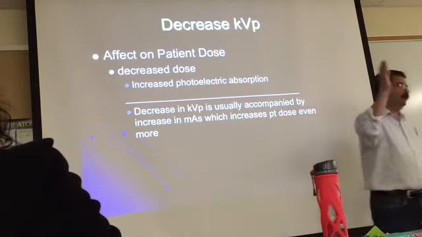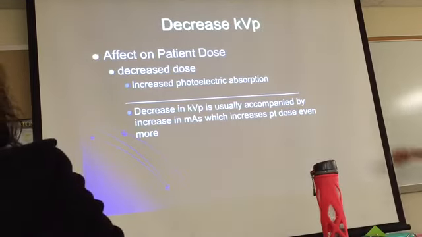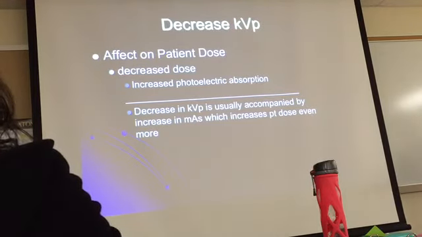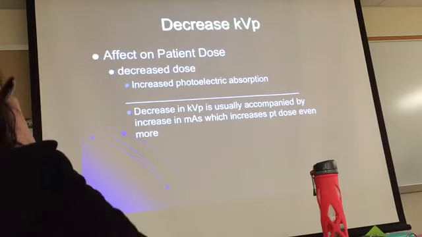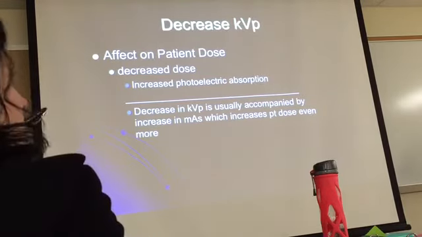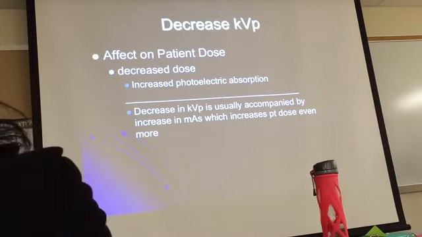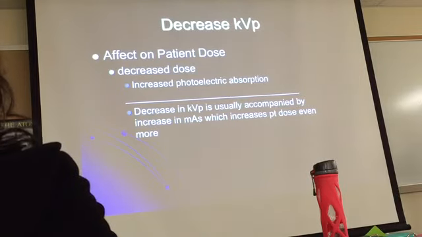If your image is lousy and doesn't have good density, then you might need to increase both. But if you look at the image and say, well, I have good density, then if I want to maintain this density, I will increase the kVp and decrease mAs, so I can reduce patient dose. Okay. All right.